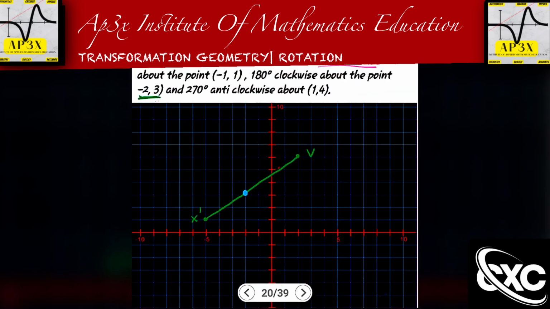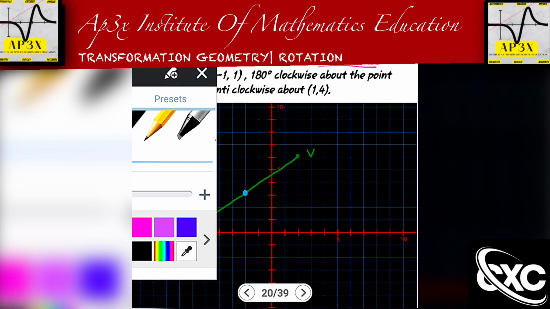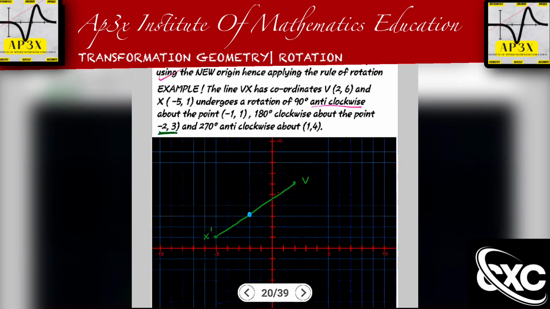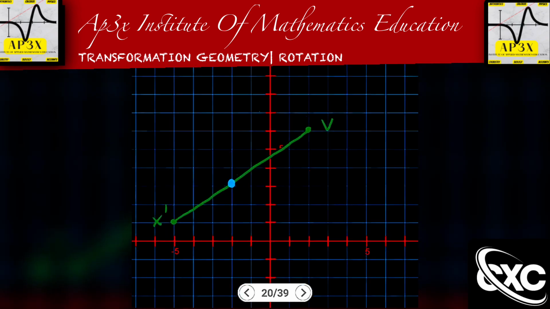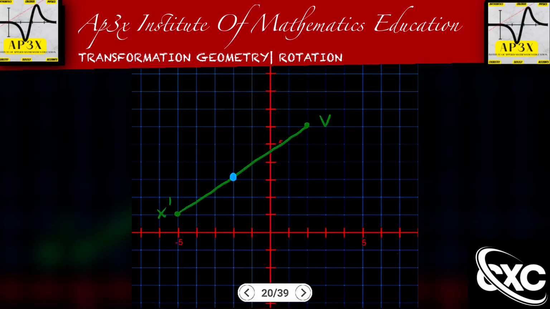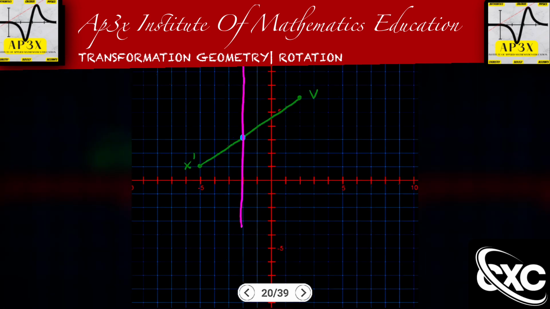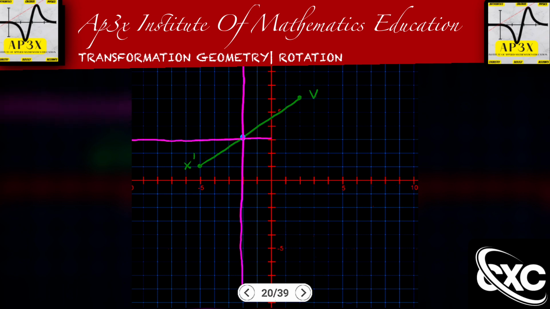I'm then going to draw 2 new axes. So I'm going to use my pink line once again, and I'm going to go ahead and draw a line coming down like that. That represents my new y-axis, and then it's going to also represent my new x-axis here.